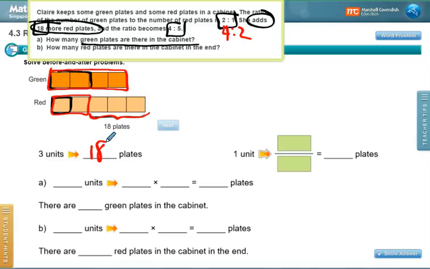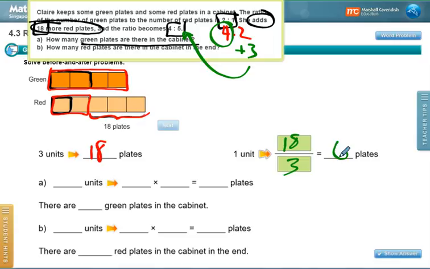So I took 2 to 1, I can make that 4 to 2, I could have made it 6 to 3, but I needed 4 to something. So 4 to 2. And then I need 3 more to reach this 5. So 18 plates is equivalent to 3 units. 1 unit would be 18 divided by 3, or 6 plates.